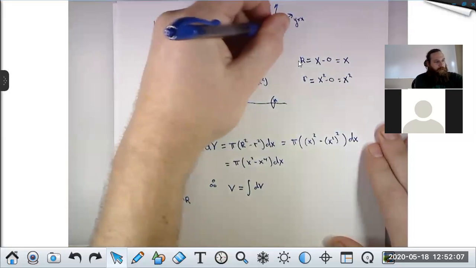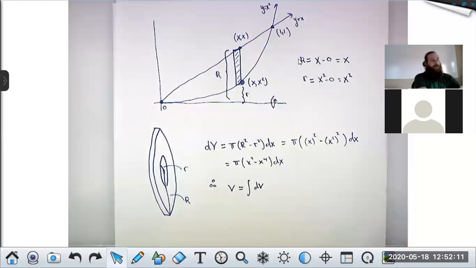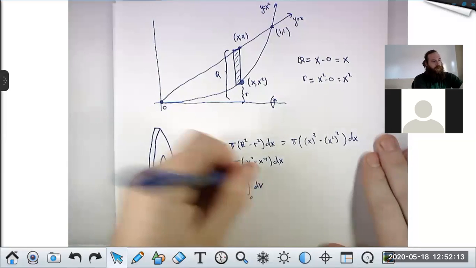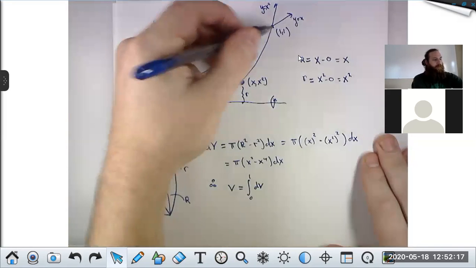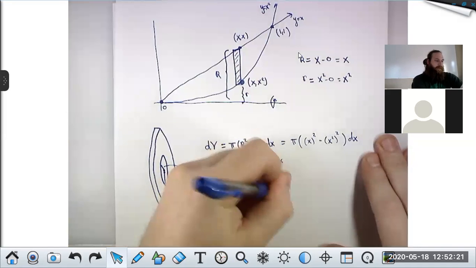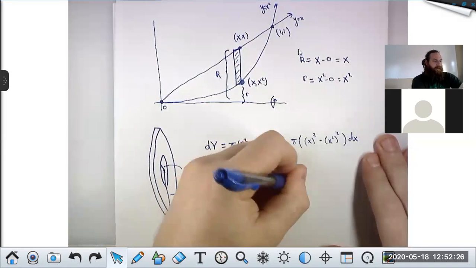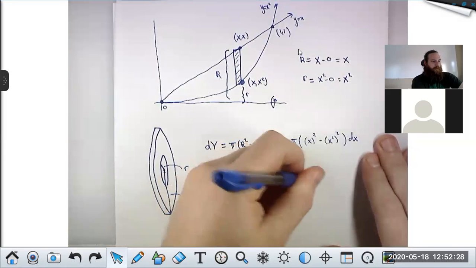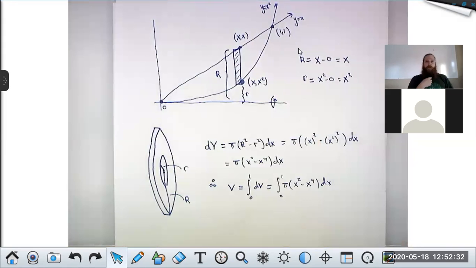The place where these two curves intersect is 1, 1. So this will be the integral from 0 to 1, the smallest x value in my region to the largest x value in my region, just like the area problems, of pi times x squared minus x to the 4 dx. And that's not a terribly tricky integral.